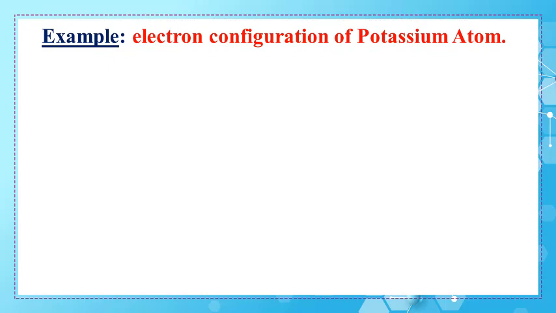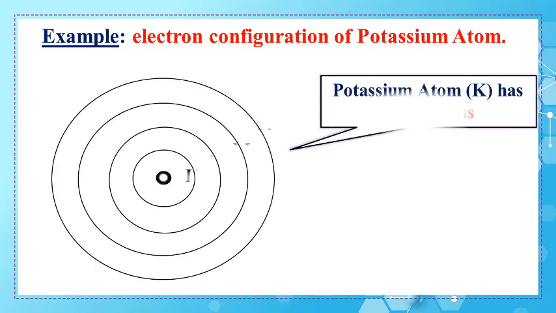Let's take now an example. Writing the electron configuration of potassium atom. Given that potassium atom having the symbol K has 19 electrons.